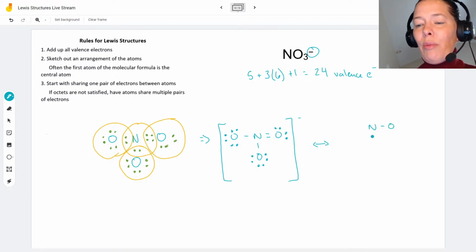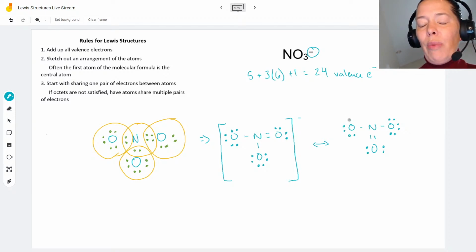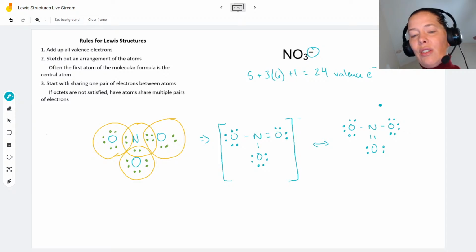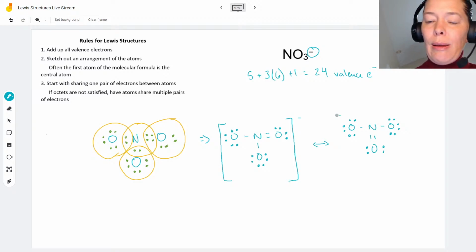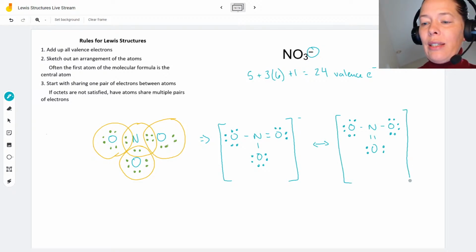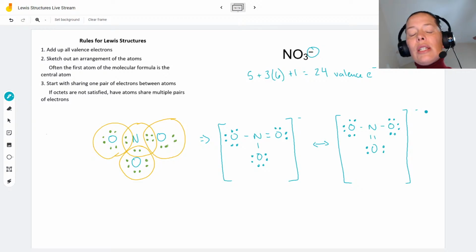So let's make the double bond with the oxygen that was below the nitrogen. Again, let's put in lone pairs. And when you do these resonance structures, just make sure that you're keeping track of how many lone pairs go around each oxygen. So remember, with your double bond, that oxygen only has 2 lone pairs. That's 8 total valence electrons. Let's do my brackets, give my negative charge. But of course, in this case, we actually have a third resonance structure.